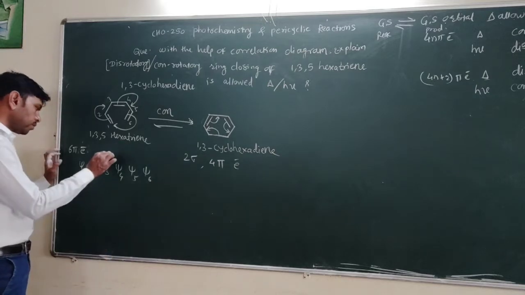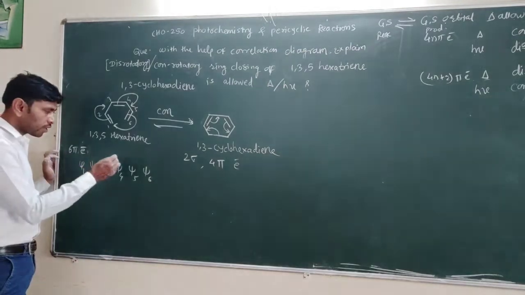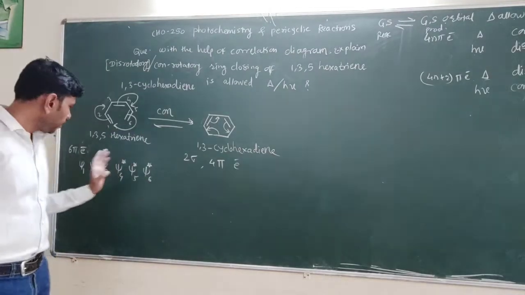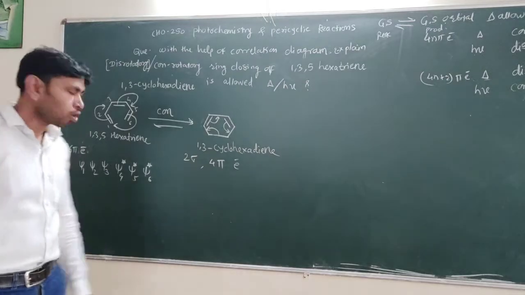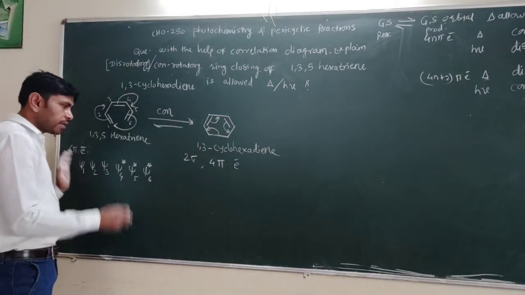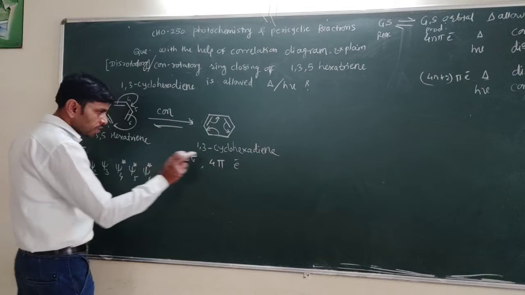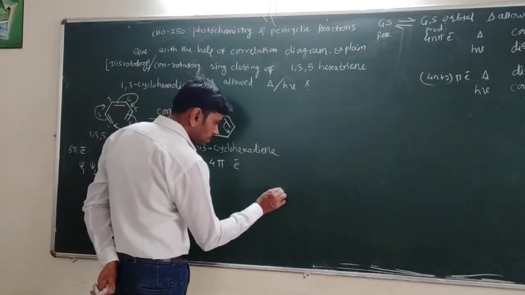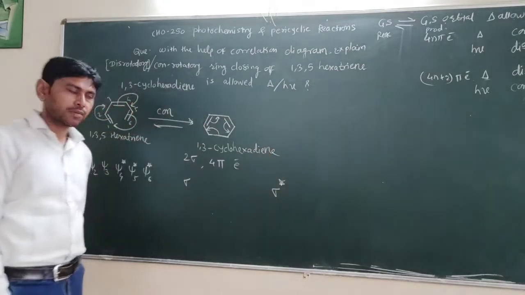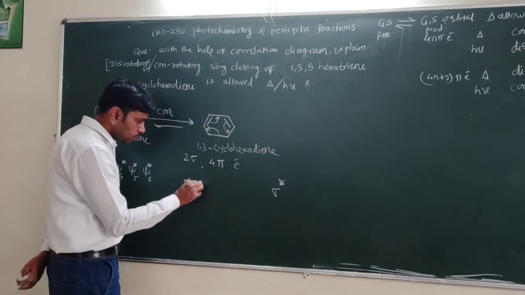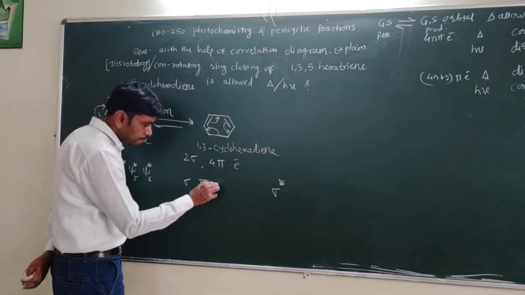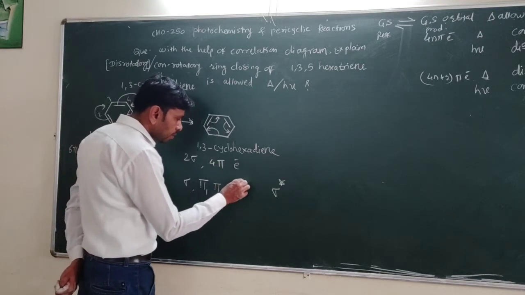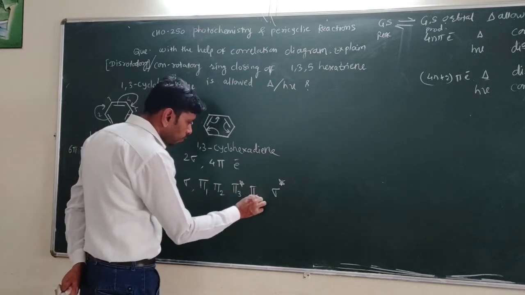So out of 6 orbitals, 3 are bonding and the remaining 3 are anti-bonding orbitals. Similarly, here 2 sigma orbitals: one is sigma and another is sigma anti-bonding, sigma star. Here 4 pi orbitals: pi 1, pi 2, pi 3 star and pi 4 star.